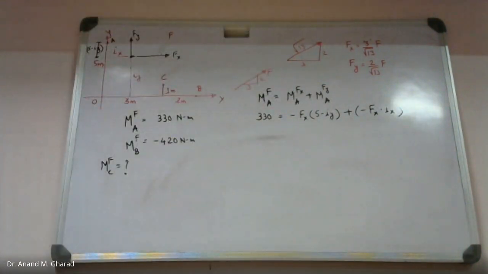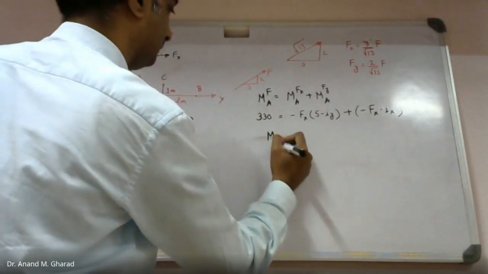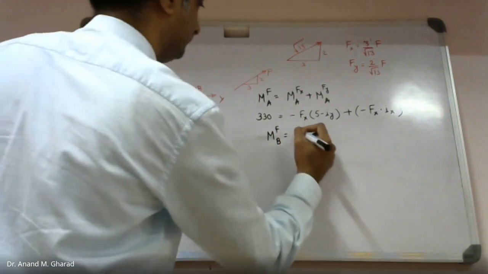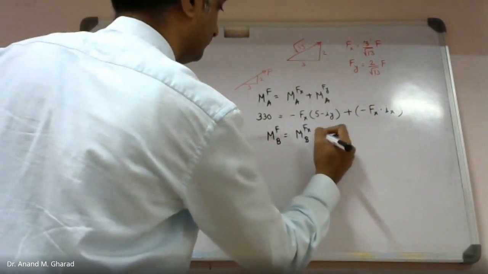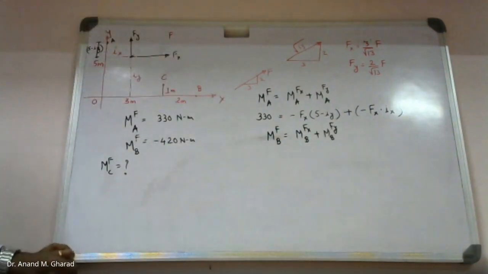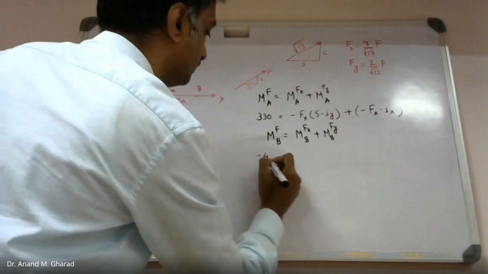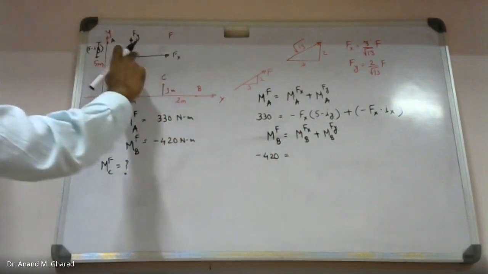Am I right? Similarly, you take this equation minus 420 equal to, now you take moment about point B due to Fx.